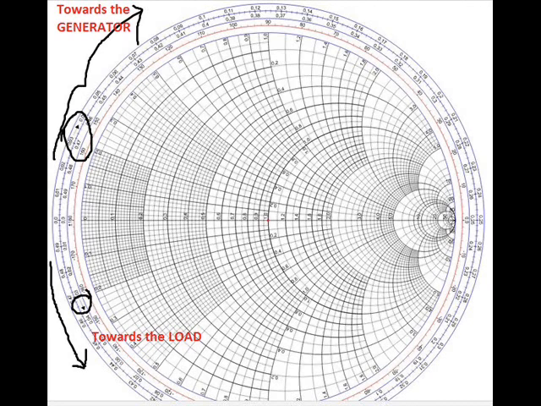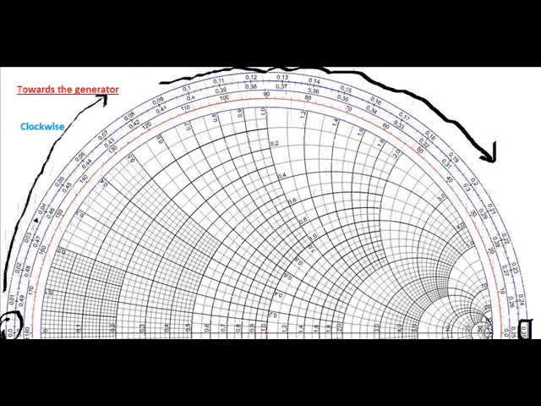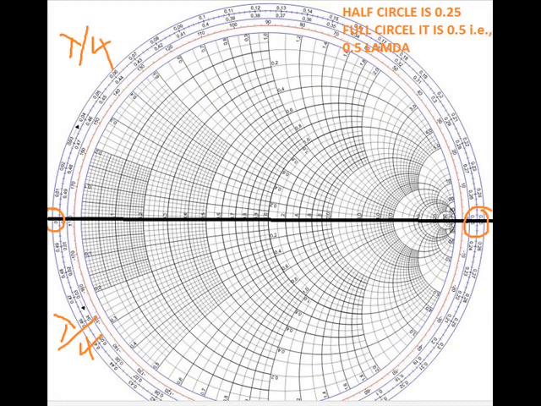Let us consider, just look here, the starting point. From the starting point, now it is measuring 0. From here to half of the circle, it is 0.25. Half of the circle is 0.25. Now if you take a complete circle, then we will get 0.5. It means that I am moving a distance of lambda by 2, and this is very important.